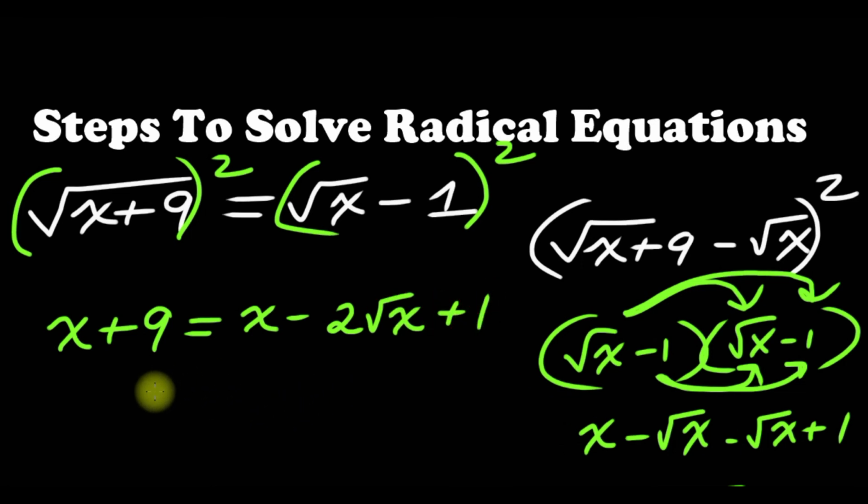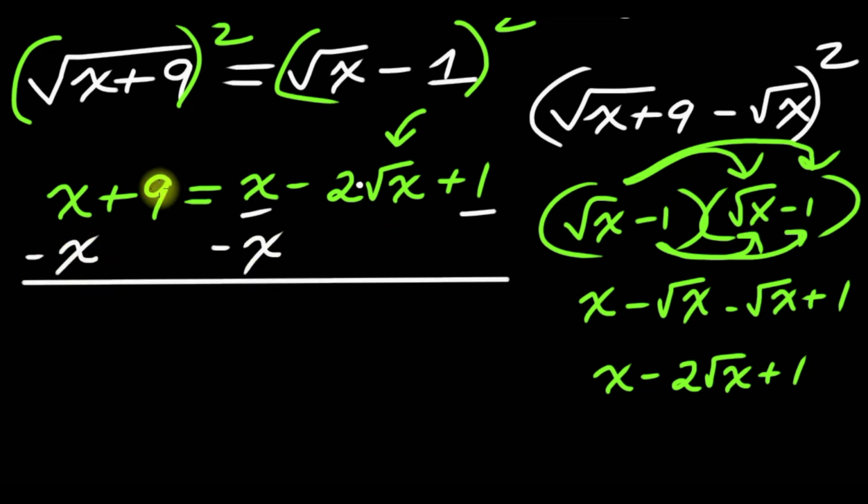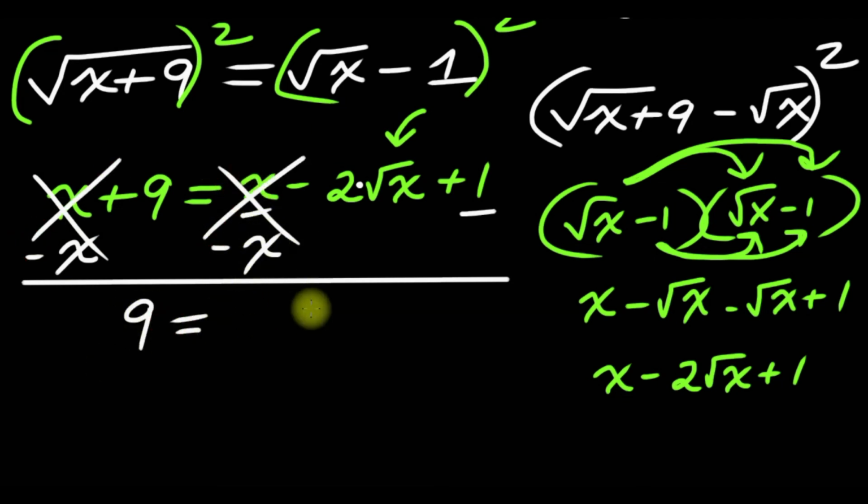Okay, so now I'm going to isolate the square root. I'm going to get the square root all by itself. So to do that, I would have to get rid of the x and the positive 1 and the multiplication by negative 2. So here we need the minus x, right? Minus x. So this is gone. So you're left with 9 on the left, and then negative 2 square root of x plus 1.